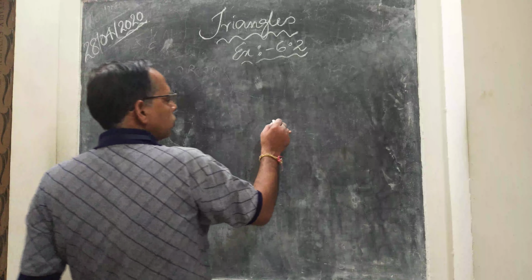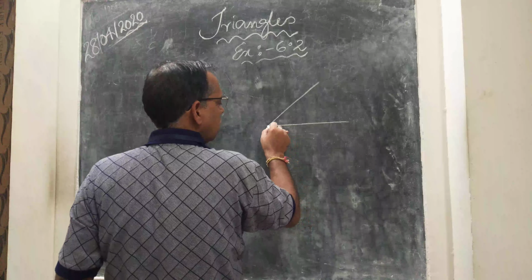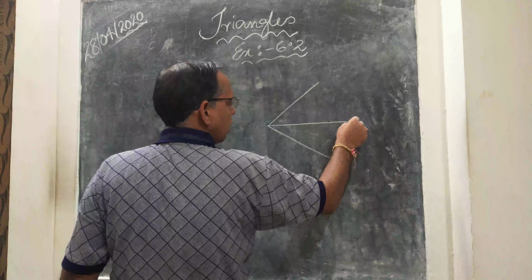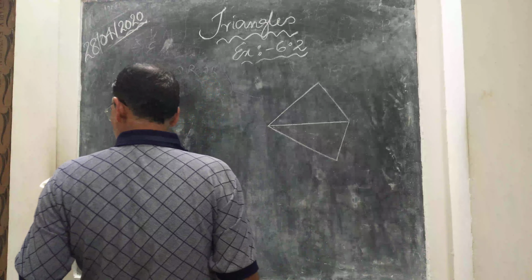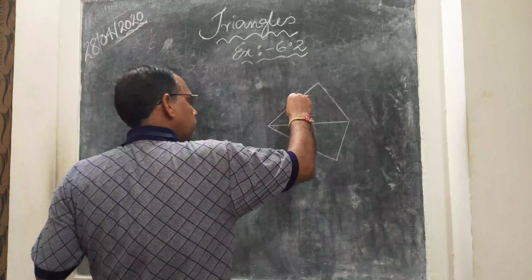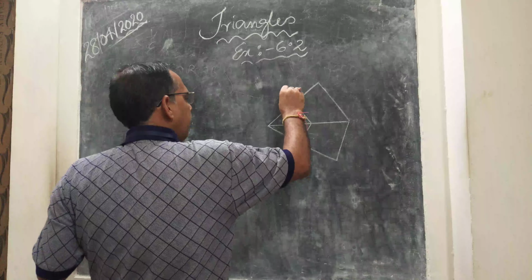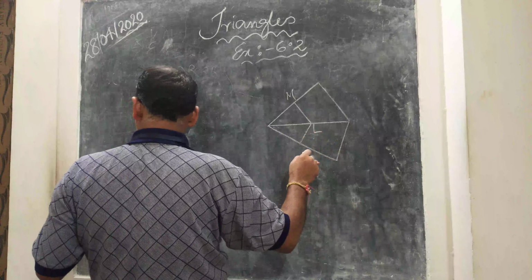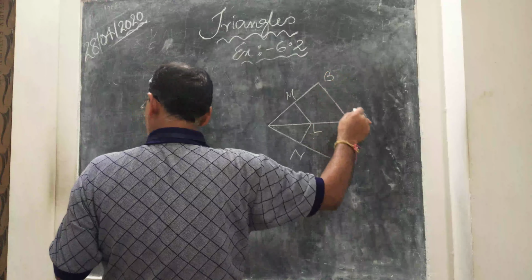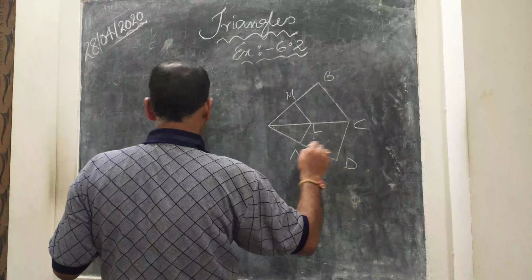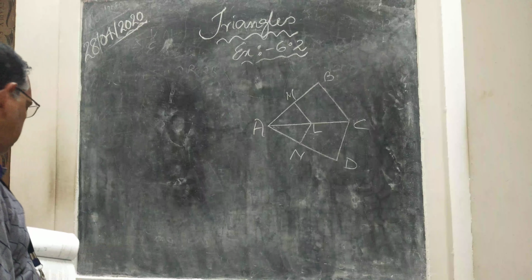Okay. Now let's see that 6.18. So if I draw the diagram, you see. M, L, N, B, C, D, F. This one is given.